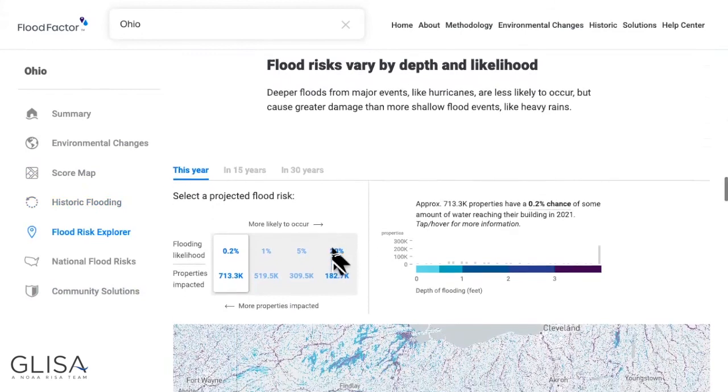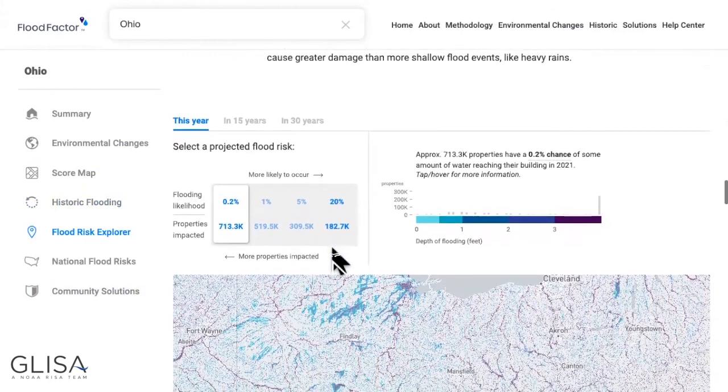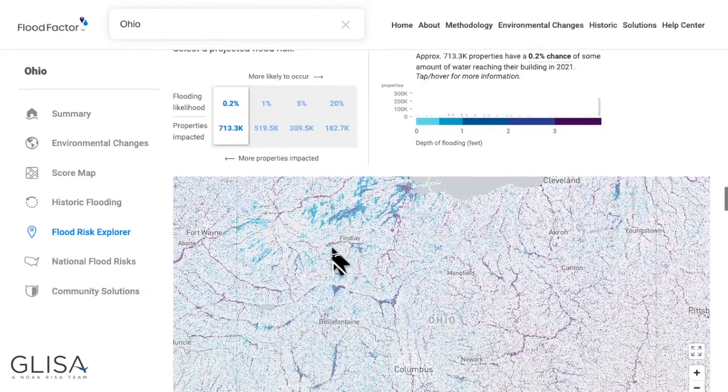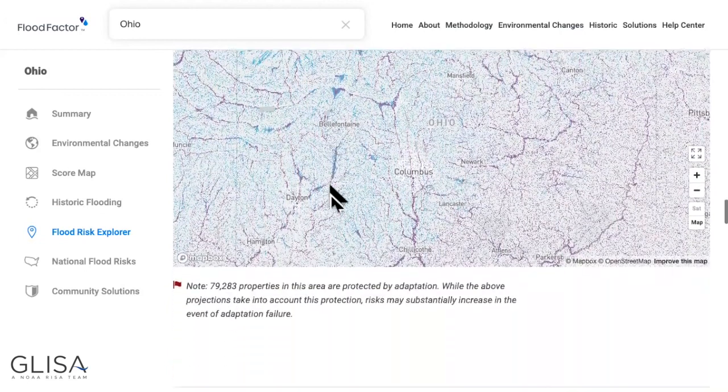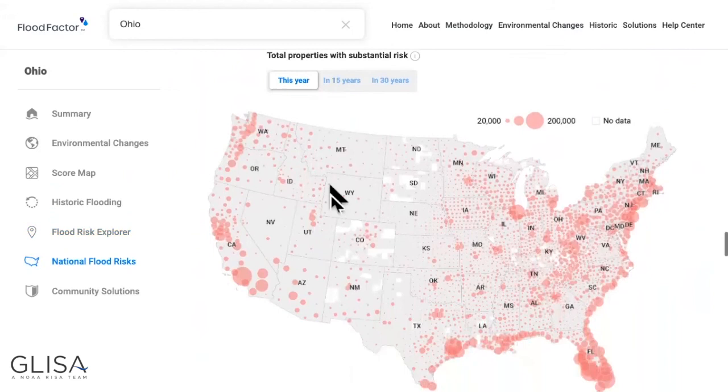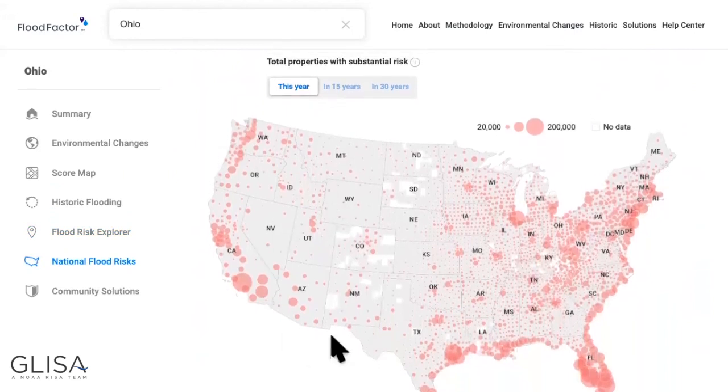Next, flood risk projections for the state are presented just as they are for properties, zip codes, cities, and counties. The number of properties at risk nationally is presented on a map for the current year and for 15 and 30 years in the future, respectively.